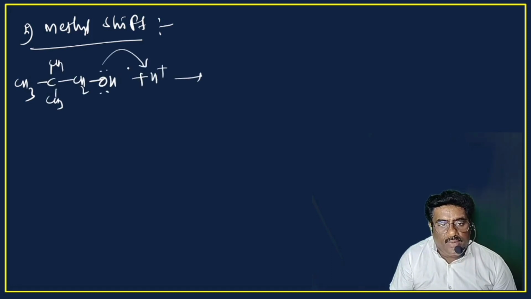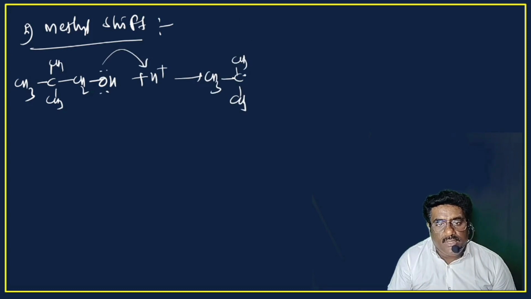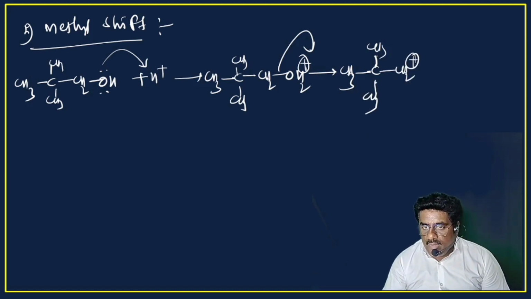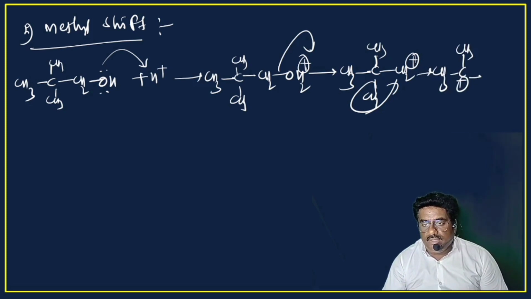Same, protonated, it forms CH3, CH3, CH3, CH2, OH2 plus. The carbocation is formed, and this methyl is shifted to this position. It forms CH3, CH3, plus charge, and CH2, CH3.